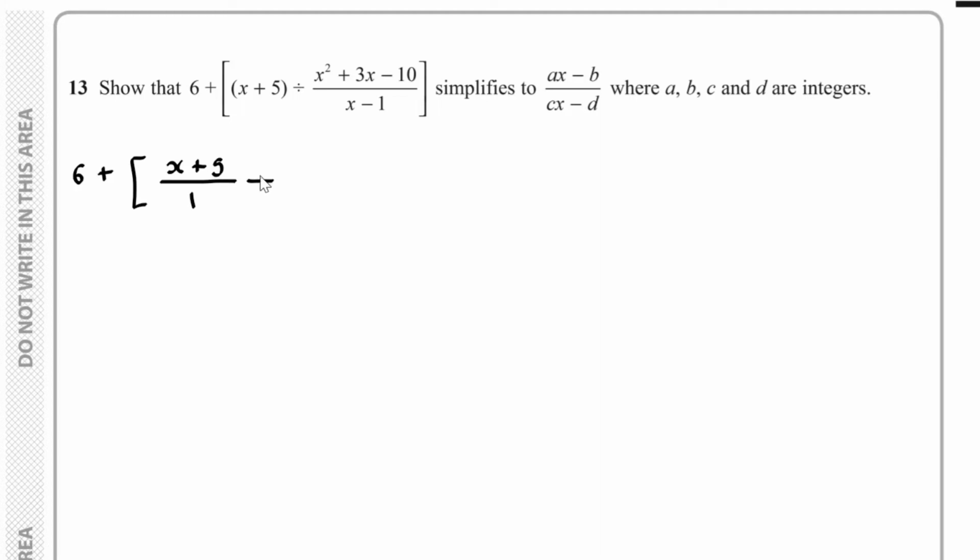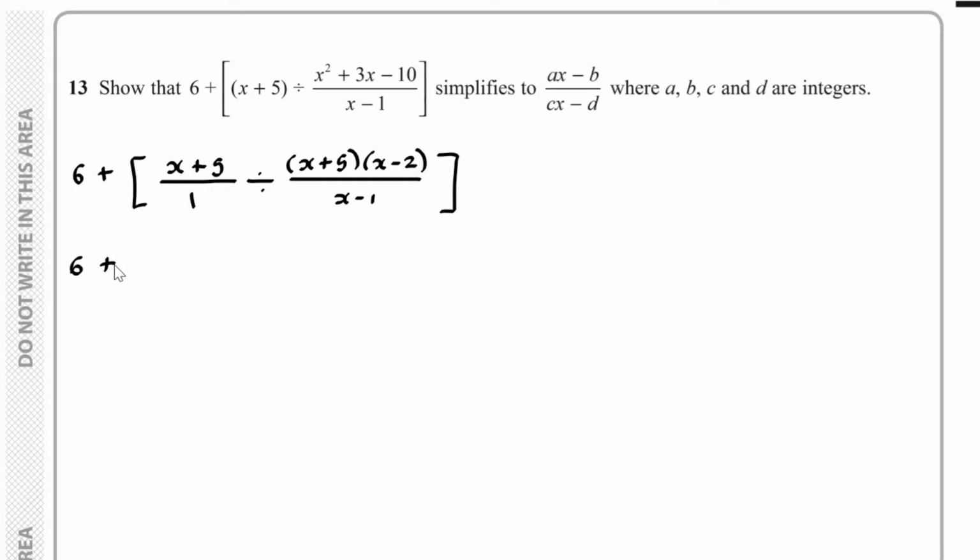x plus 5, which I'm going to rewrite as x plus 5 over 1. And then we're going to divide this by, on the top here, if I factorize, we have x plus 5 lots of x minus 2. And on the bottom we've still got this x minus 1. Now, when we divide fractions, we flip the second fraction and we change the divide to a times.